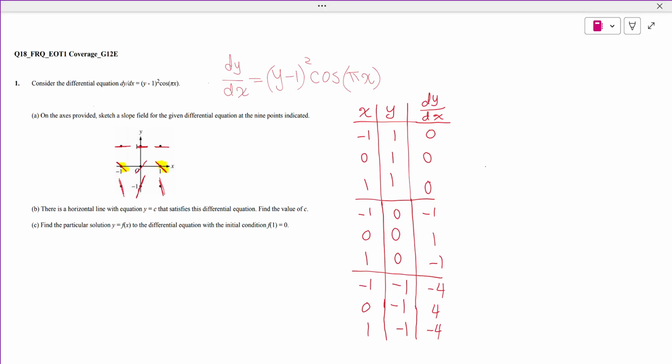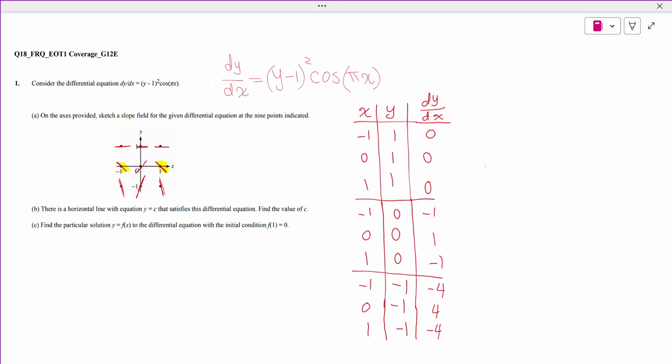Now, part B says there is a horizontal line with equation y equals c that satisfies this differential equation. Find the value of c. That's pretty much easy, because if you look back at the slope field, you can see that there is a particular solution that is a horizontal line, right? So there is a horizontal line at y equals 1.